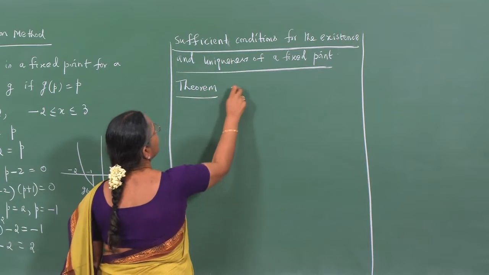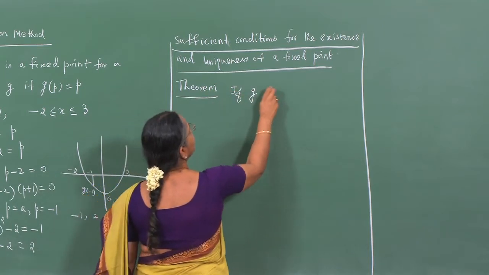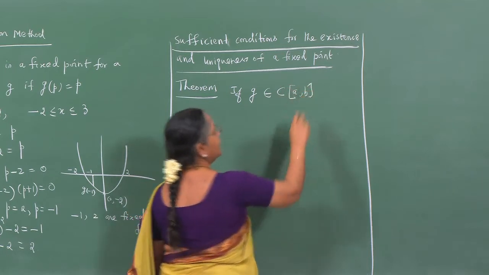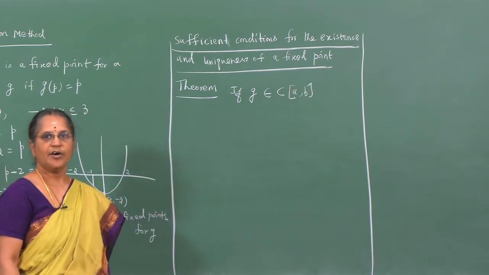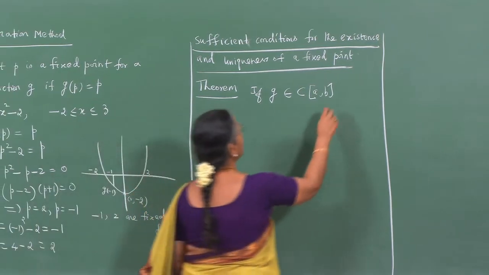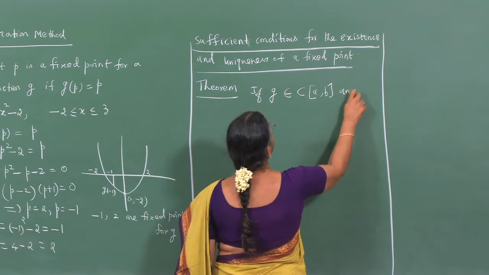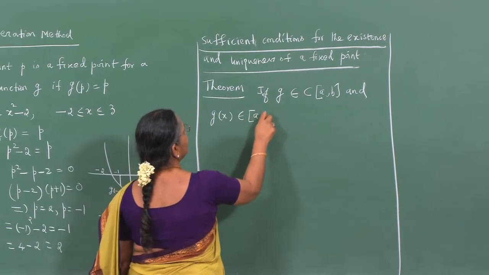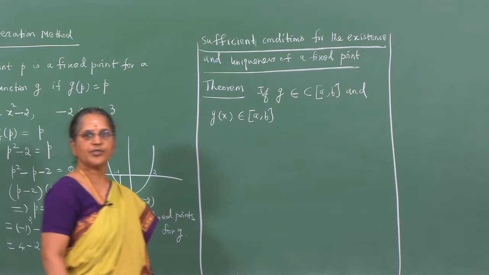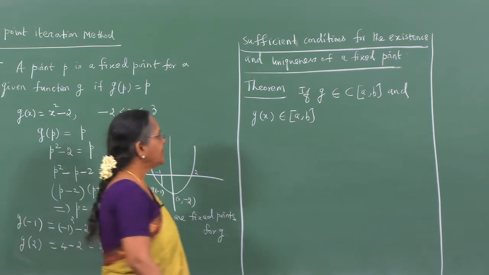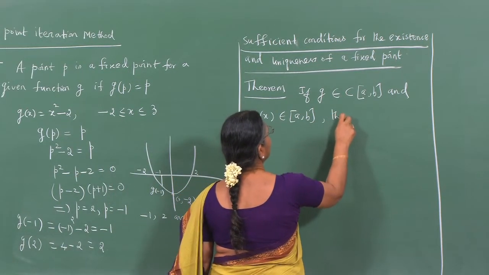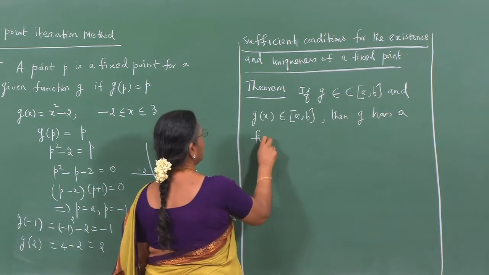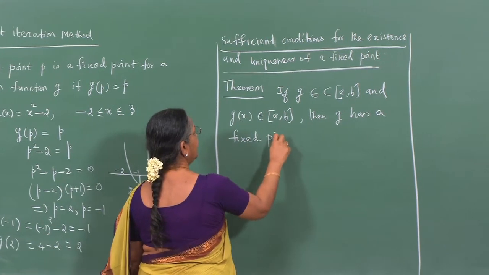It says if g is such that g belongs to C of a b, namely it is a continuous function on the closed interval a b, and g takes values in that interval, so g of x belongs to a b, then g has a fixed point in that interval a b.